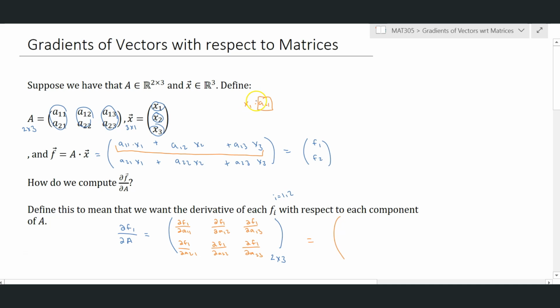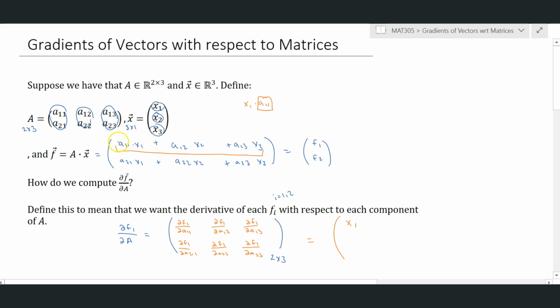The derivative of x1 a11 with respect to a11 will just be x1. And then the derivative of this, because it doesn't have an a11 in it, is thought of as just a constant with respect to a11, so it'll be 0. And the derivative of this with respect to a11 will also be 0. So it'd be x1 plus 0 plus 0. Now, let's go back to the function f1 and take the derivative with respect to a12.